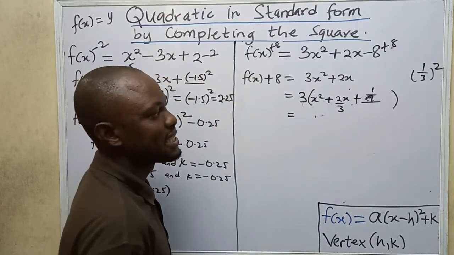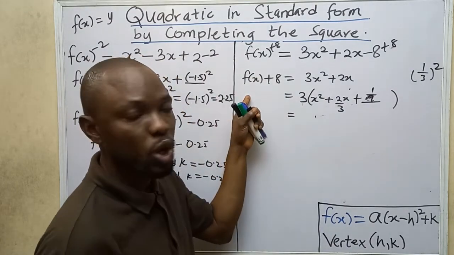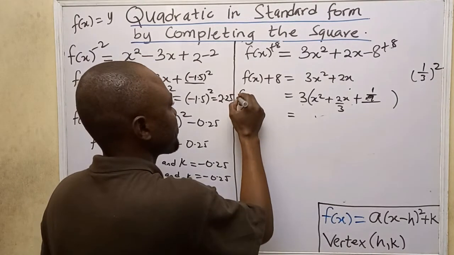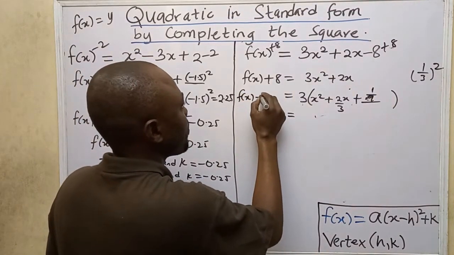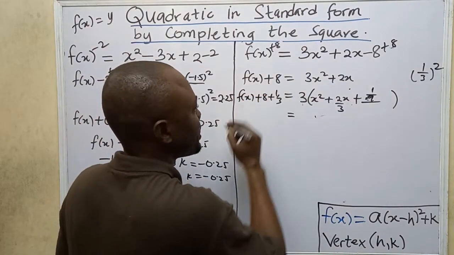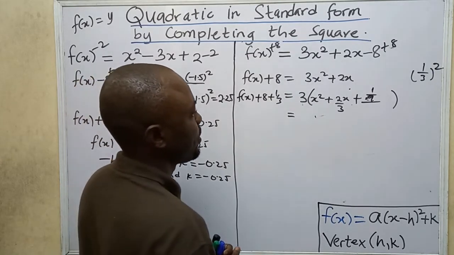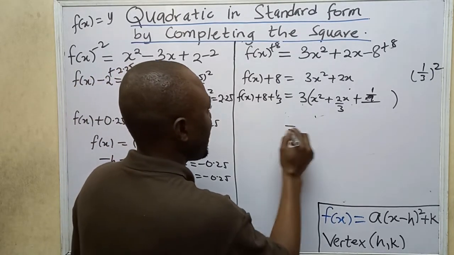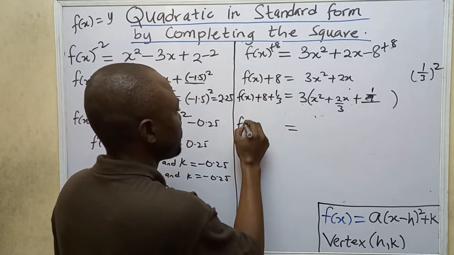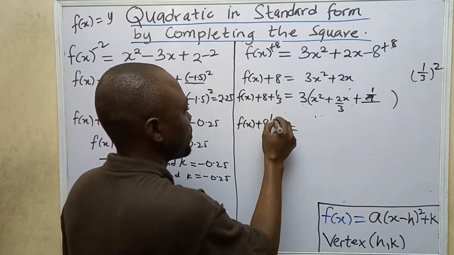So that tells me that I'm adding 1 over 3 to the other side. So I have f of x plus 8 plus 1 over 3. So here this will be f of x plus 8 1/3.